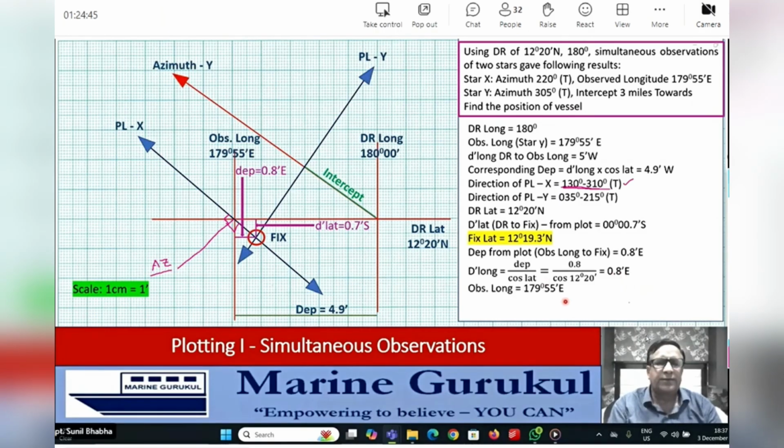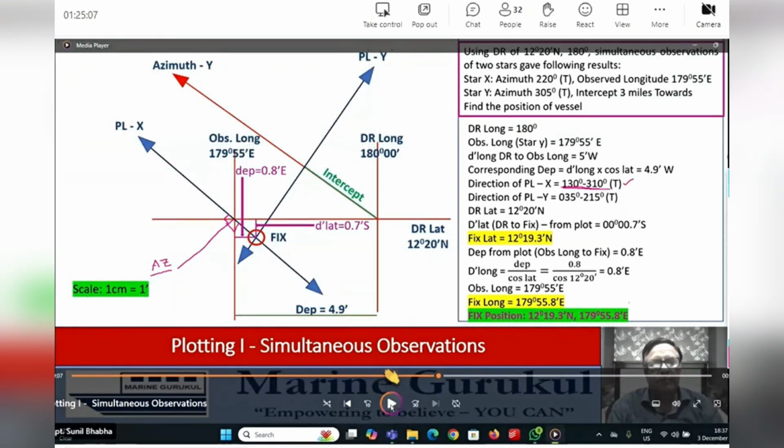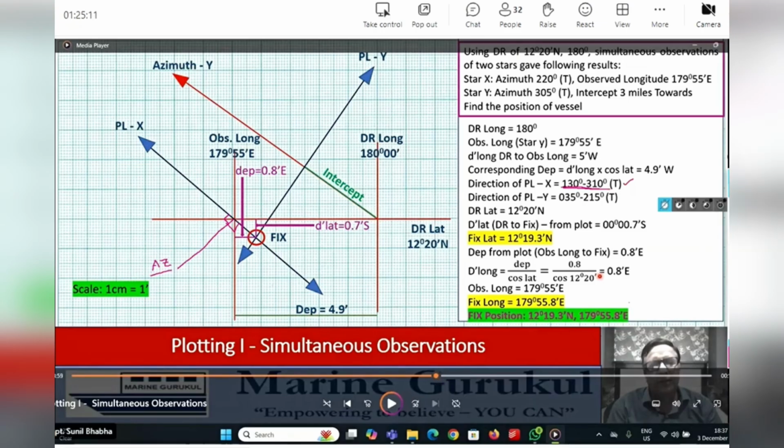Observed longitude being 179 degrees 55 minutes east, the longitude of the fix is then 179 degrees 55.8 minutes east. And hence, the coordinates of the fix are 12 degrees 19.3 minutes north, 179 degrees 55.8 minutes east. Okay, beta. So have a good look, beta, and let me know your doubts.